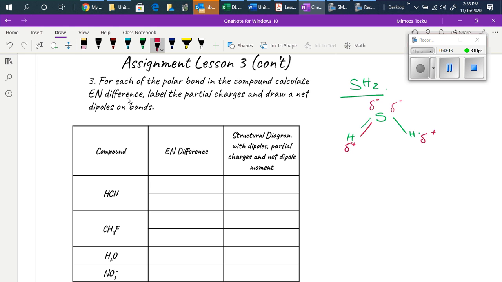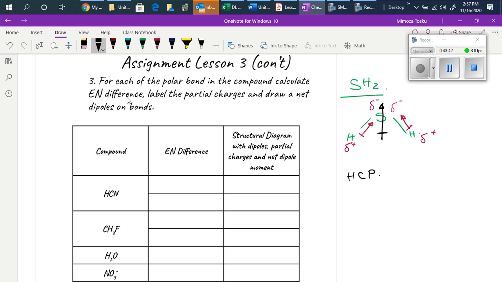The dipole moment will be this and this, and the net dipole moment will be something like this.